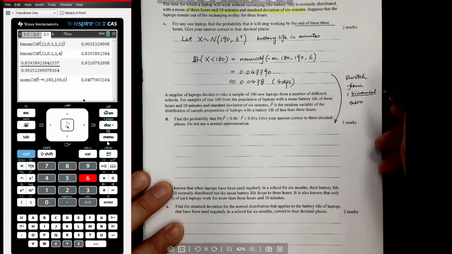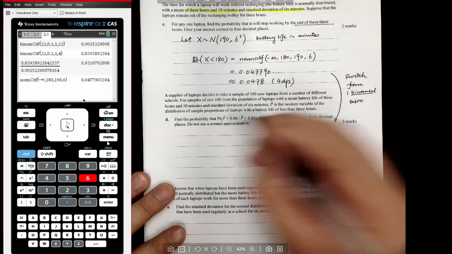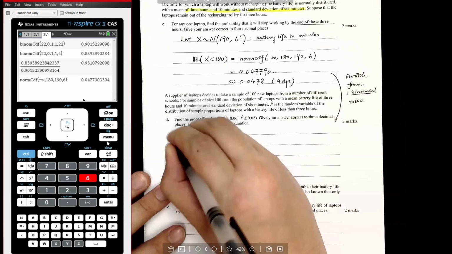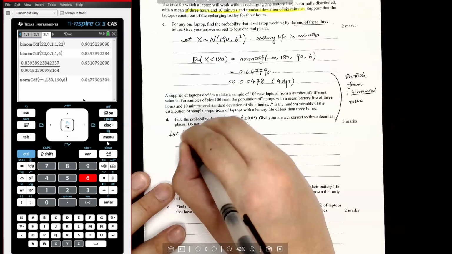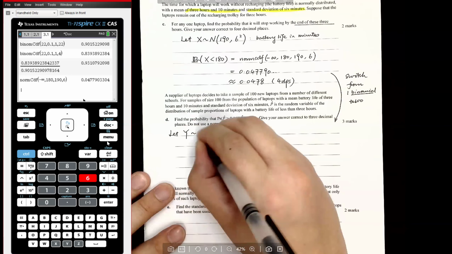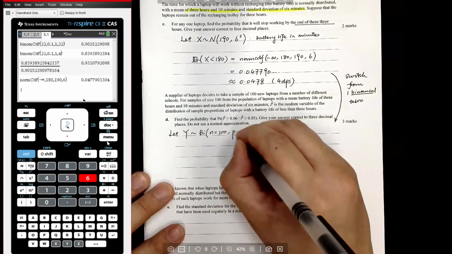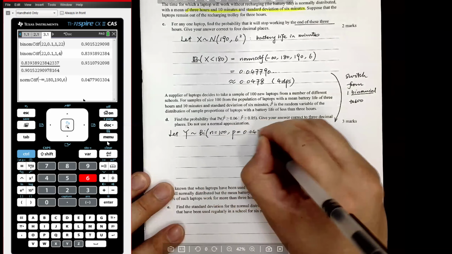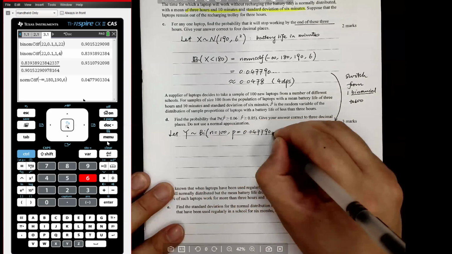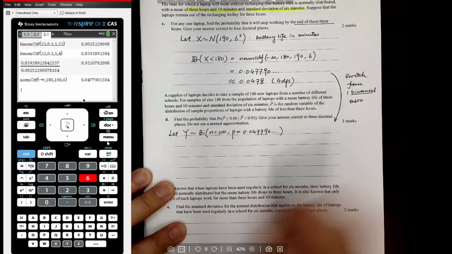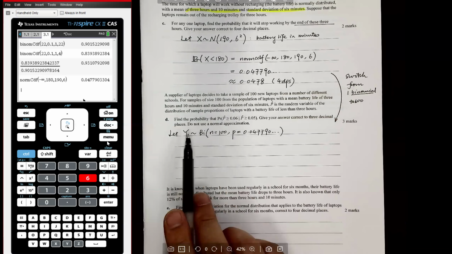So what I'm saying is, let Y be a binomial distribution, n equals 100, p equals 0.047790, etc. So that random variable has a different meaning.